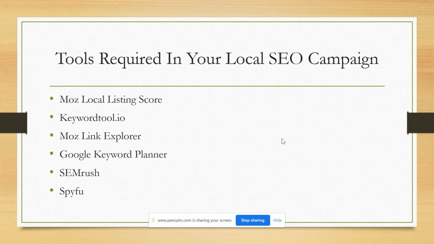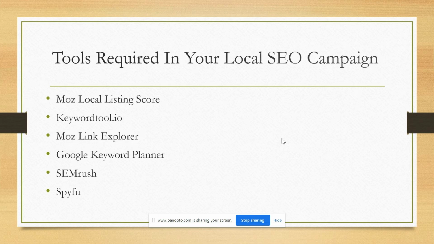Now, what tools are required in your local SEO campaign? You need Moz Local listing score. Then you have to use keywordtool.io. Then you can use Moz Link Explorer. You can use Google Keyword Planner, SEMrush, and Spyfu. Okay, so I will not give a walkthrough video on this because these tools are pretty simple to use.